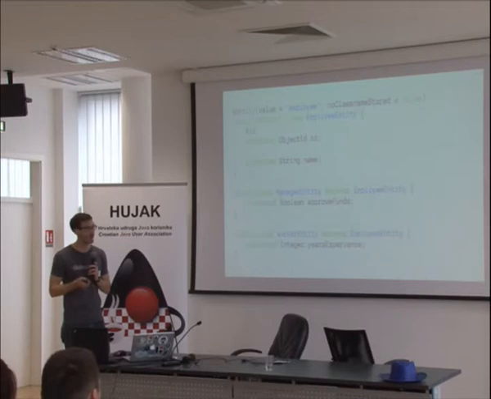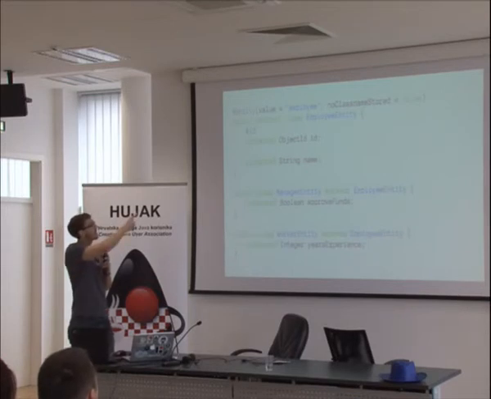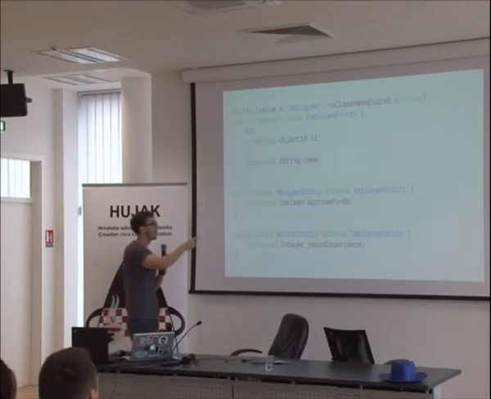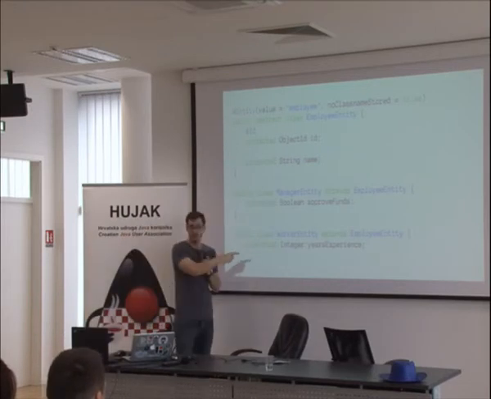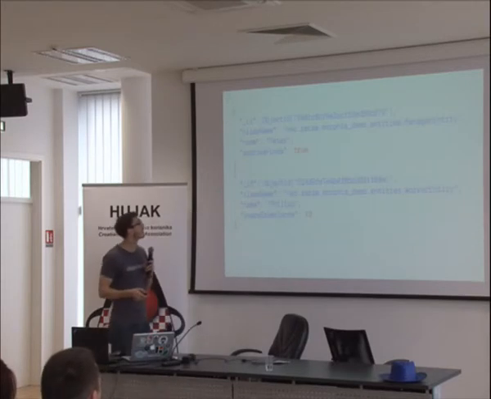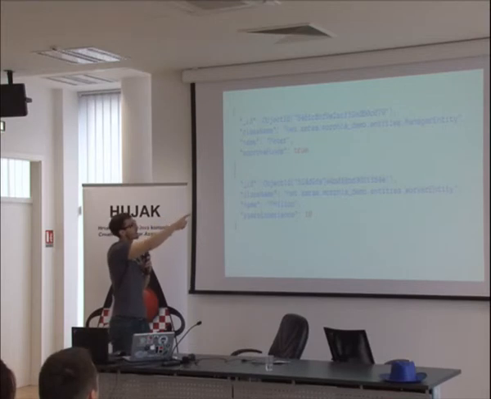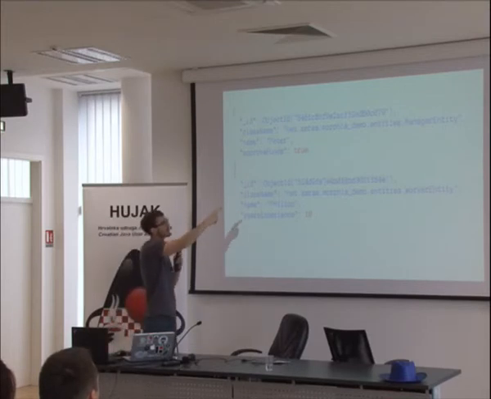So in Morphia, you would just annotate the abstract base class, probably with the object ID. In this case, we are storing the class name, so we can later know whether we have a manager or a worker entity. And the JSON document we would get will look like that. So we have the ID, the class name, where we can say afterwards, okay, I only want managers or I only want workers.